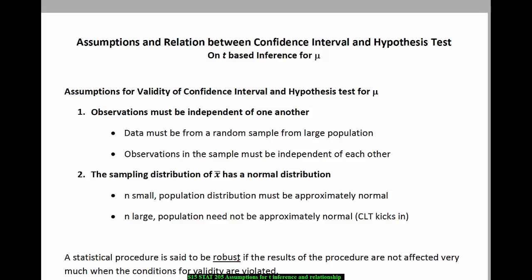A statistical procedure is said to be robust if the results of the procedure are not affected very much when the conditions for validity are violated. So robust means strong, sort of.